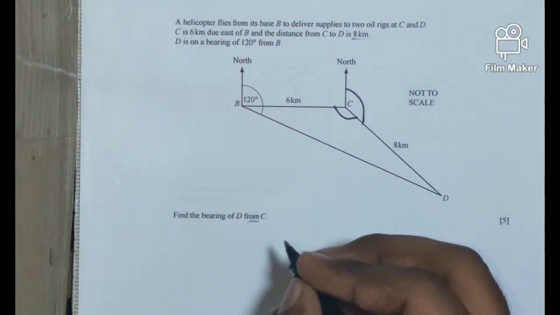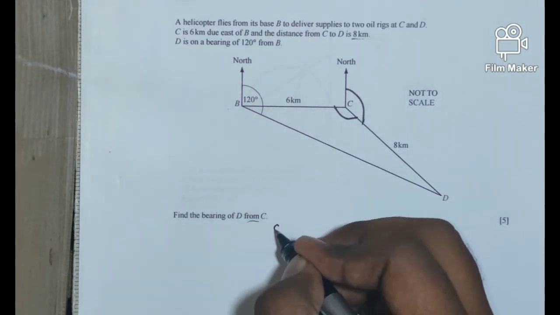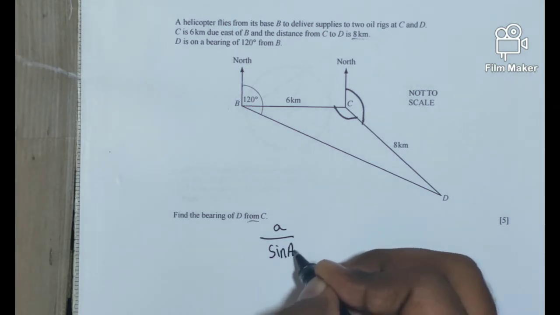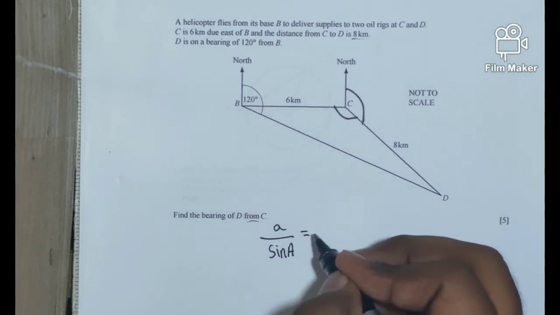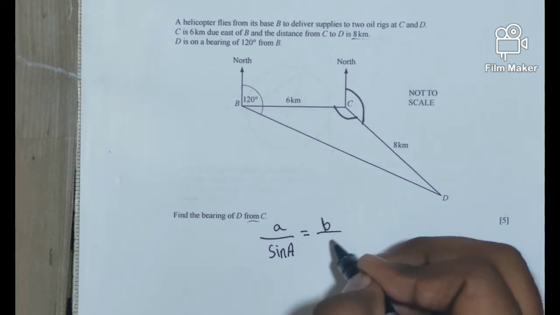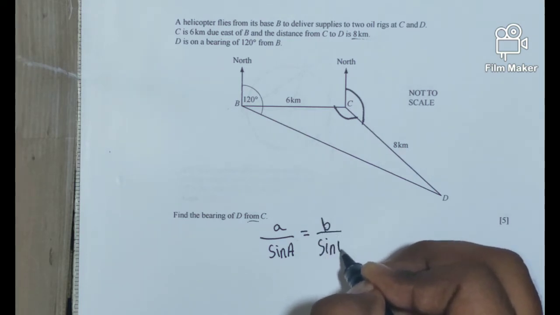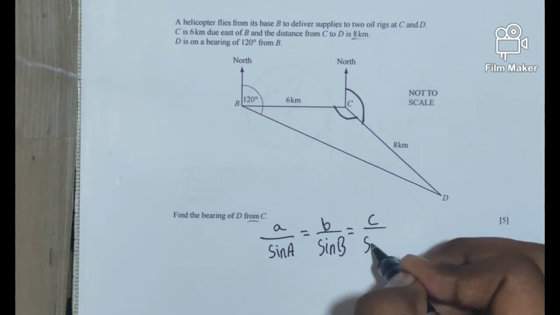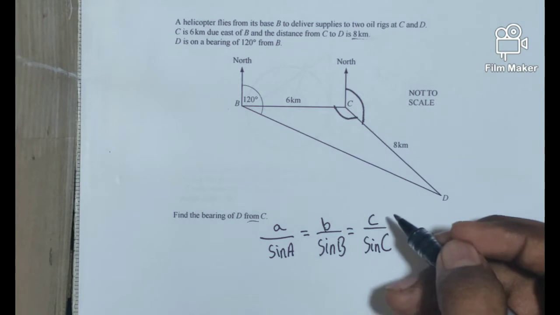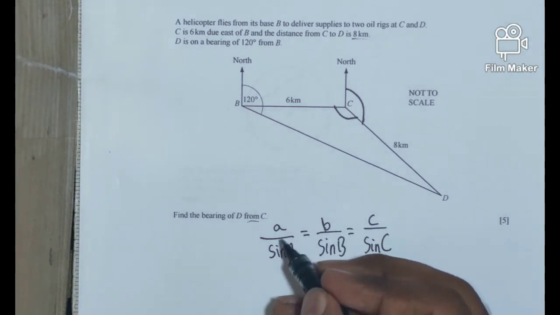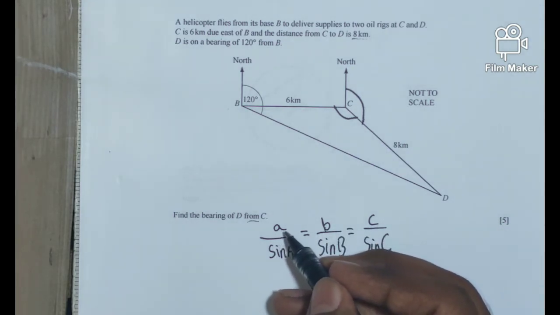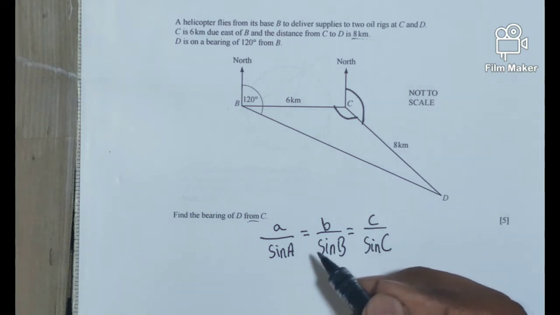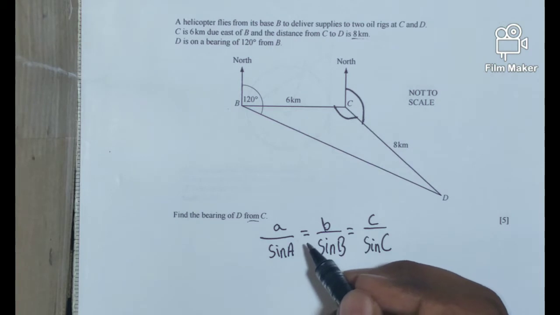So let us write the formula first. It is a upon sine A is equal to b upon sine B is equal to c upon sine C. Now here the small alphabet represents the side, and the capital alphabet shows the size of the angle.